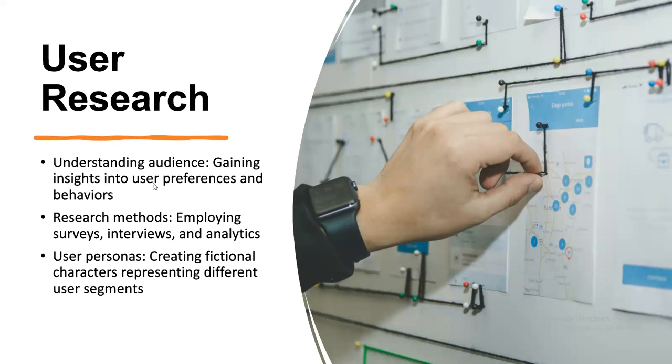User research involves gaining insights about the preferences and behaviors of the target audience. For instance, if you are making a commercial website, it is very important to understand what motivates the users to purchase.